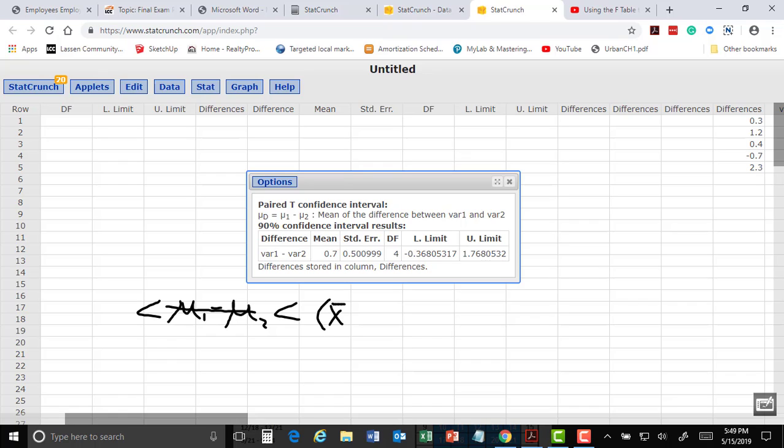That was x bar 1 minus x bar 2, plus an error term. And you want the probability of this whole thing to equal 90 percent.